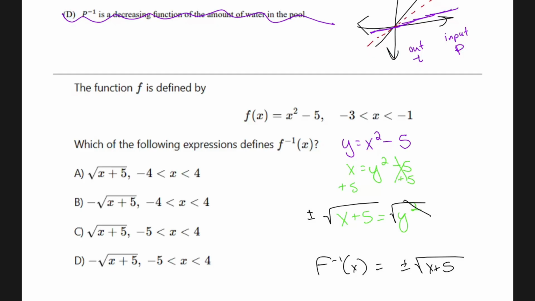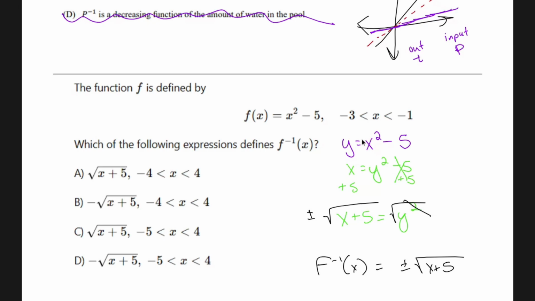All right, in order to determine the correct sign using the original domain, the original function is defined for -3 to -1. For this domain, x is negative. Okay? When we square a negative number, the result is positive.